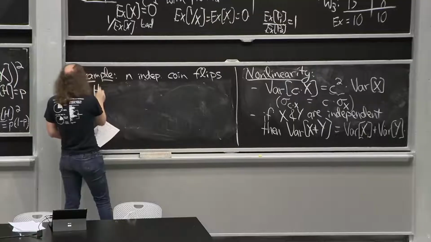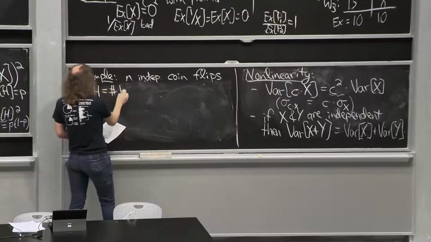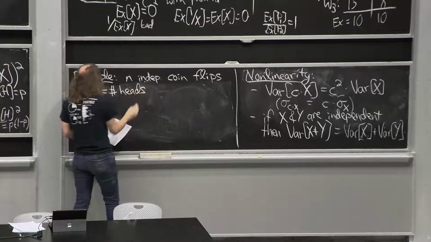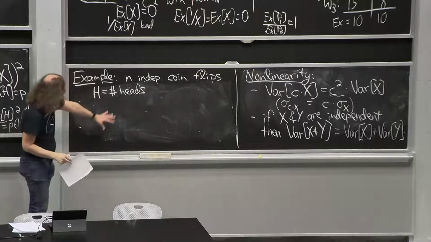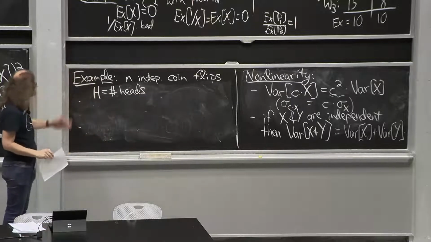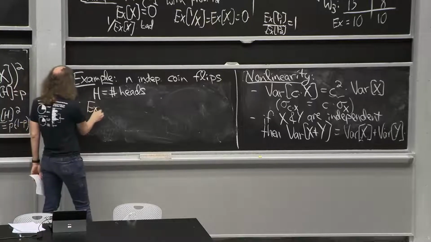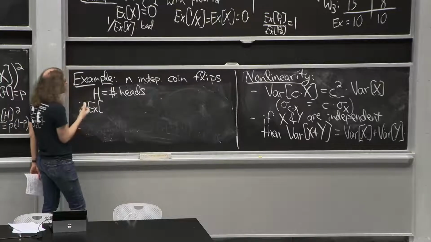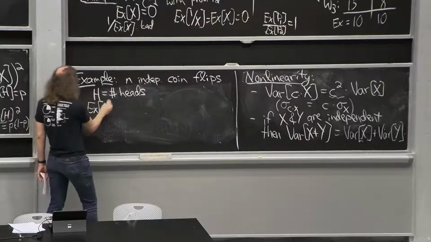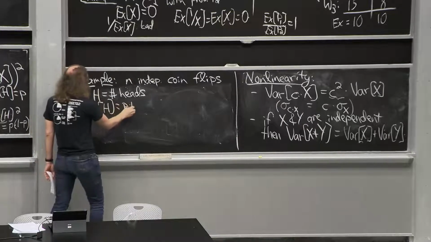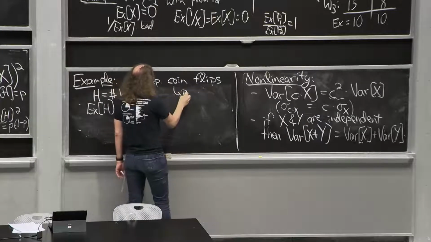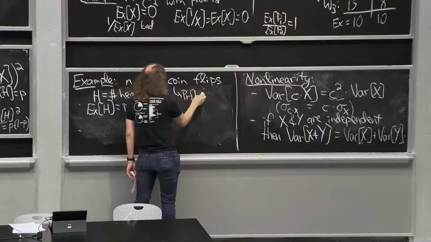And I want h to be the number of heads. We've counted this before. We've done the expectation twice now. We did it last lecture, and we did it at the beginning of this lecture. The expectation of h is p times n, if the probability of heads is p.